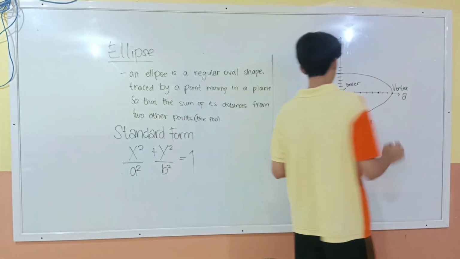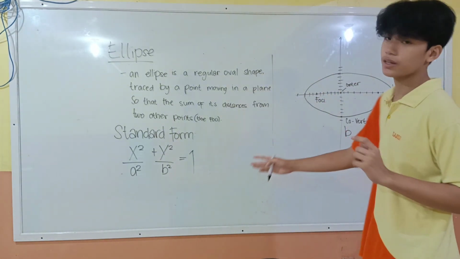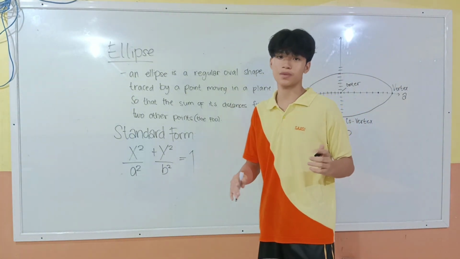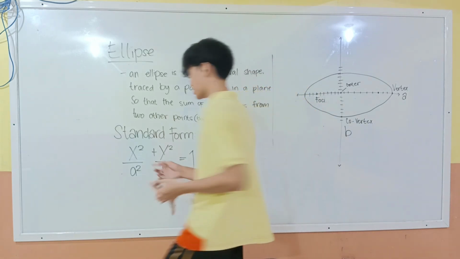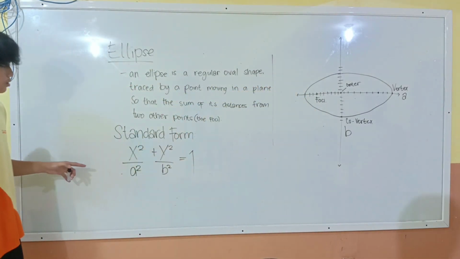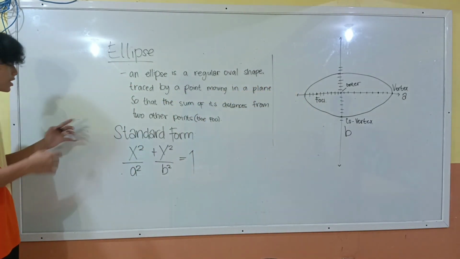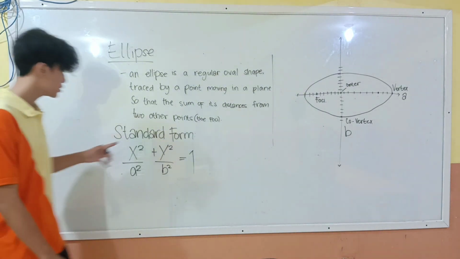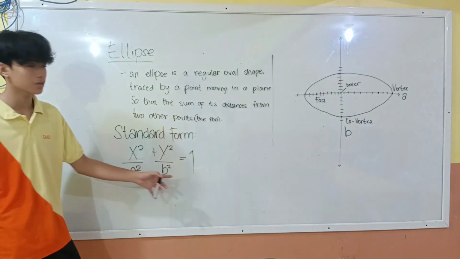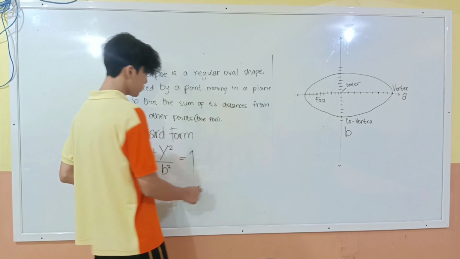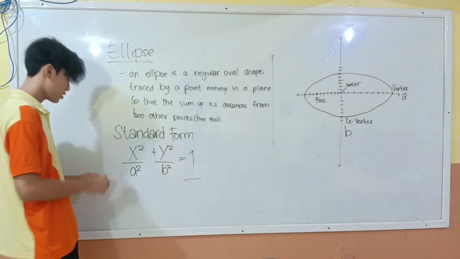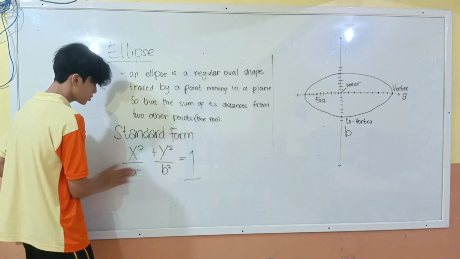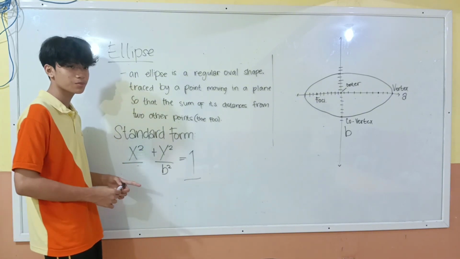And then next up, we're going to learn about the standard form, and then later some equations. So right here is the standard form. The standard form is x squared over a squared plus y squared over b squared is equal to 1. So always remember that it should always equate to 1. And when you're answering quizzes, most probably your teacher would ask you to simplify this.